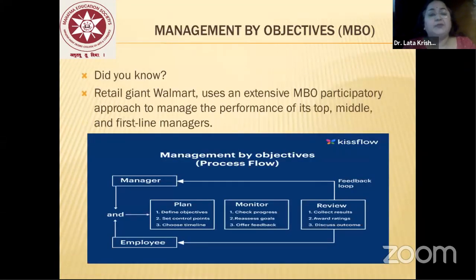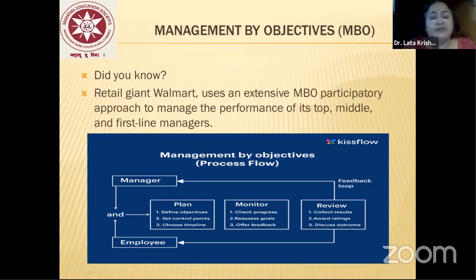Now, management by objective. Did you know, very interesting, that the retail giant Walmart uses an extensive management by objective participatory approach to manage the performance of its middle and first line managers. Now, if you see this particular picture, very nicely it is explaining the management by objectives process flow.